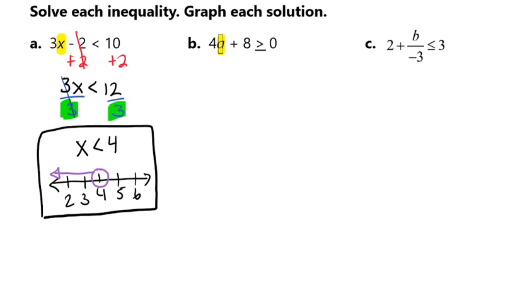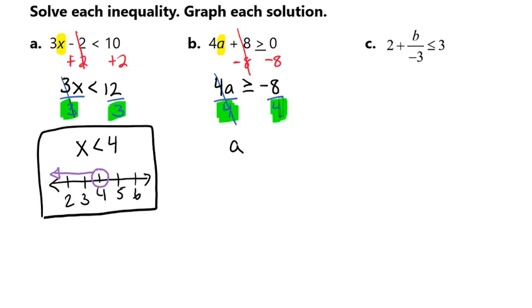So here, we're trying to get the a by itself. So we'll begin by subtracting 8 from both sides. And we subtract because that's the inverse of addition. So here we have 4a is less than or equal to negative 8. Next, we'll divide both sides by 4. And 4 divided by 4 is an a.